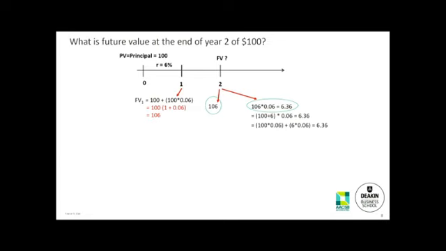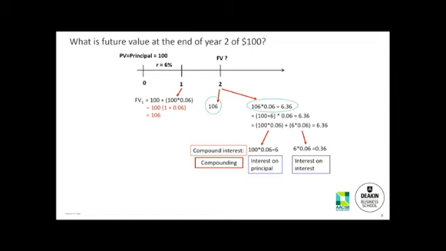How much is your interest on interest? 36 cents. If you use $6 times 6%, it's just 36 cents. And that's how it works. So in short, your interest on principal is $6, and your interest on interest is 36 cents. And your overall interest for the second year is $6.36.